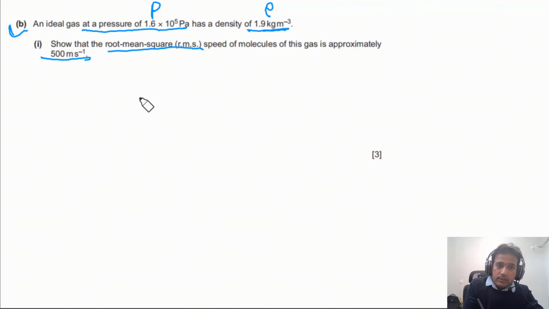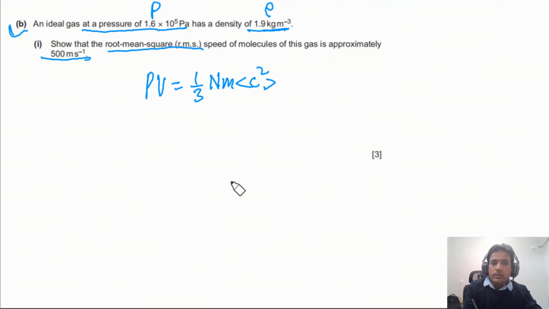But in the formula list, it is given to us that PV is equal to 1 by 3 Nm times mean square speed. We need density. So we need to understand what this term is representing.